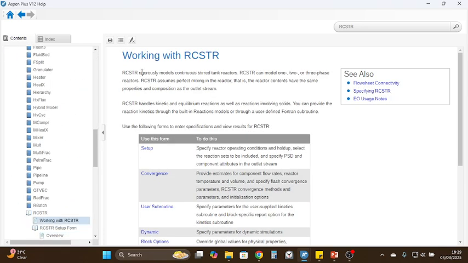Our CSTR is a continuous stirred tank reactor. It can be used to model one, two, or three-phase reactors. In our case, it is a two-phase reactor. We have vapor and liquid.